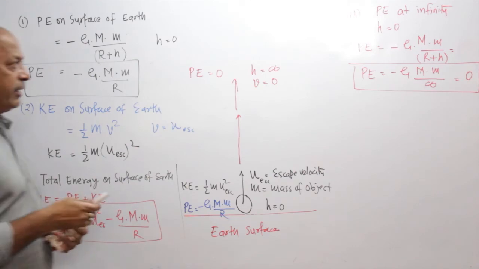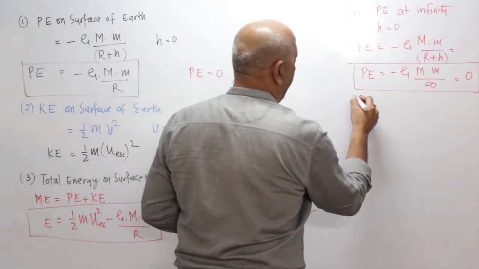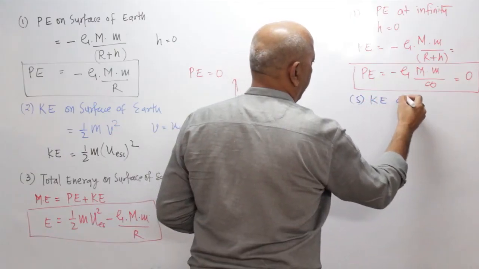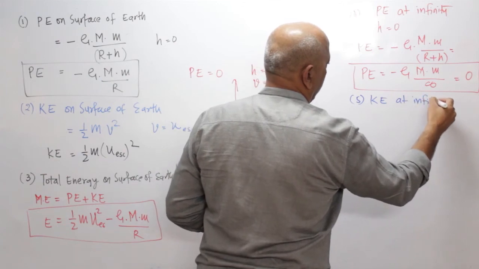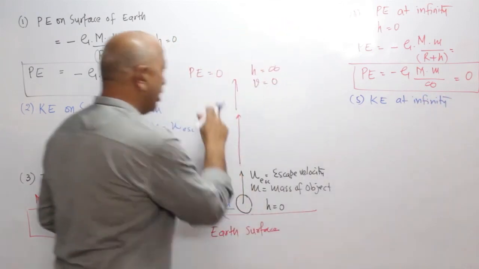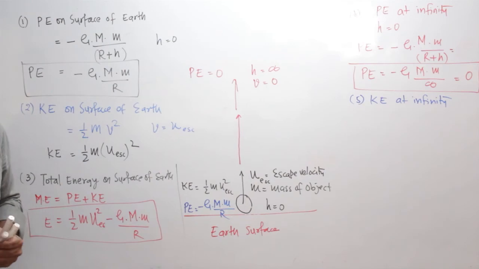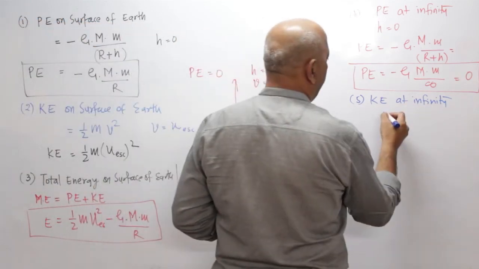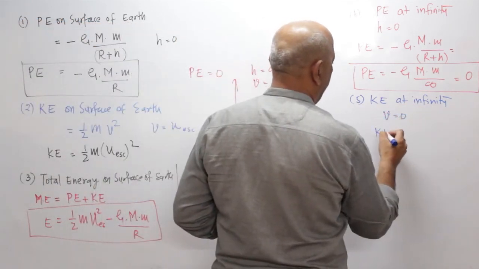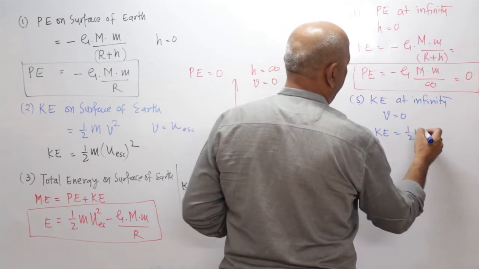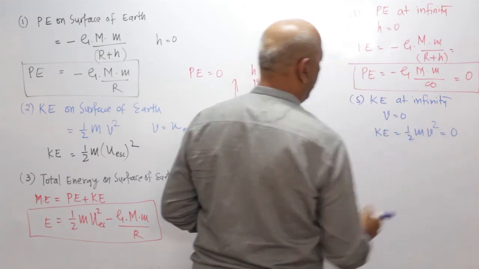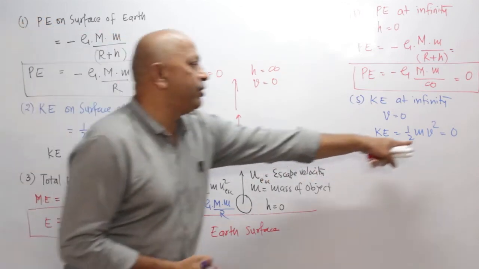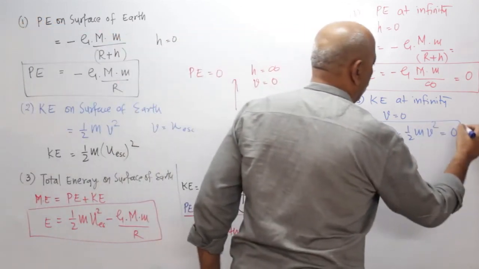Fifth, let us calculate the kinetic energy at infinity. When it reaches infinity, the velocity becomes 0. So at infinity, v is equal to 0. So K is equal to 1/2 m v square, and that is equal to 0. Because if v is 0, the kinetic energy is also 0.